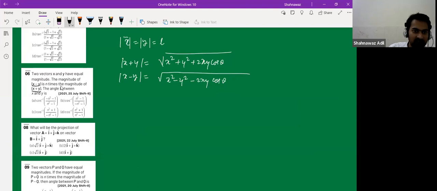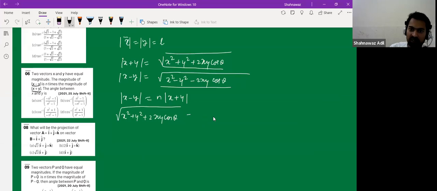Now in the question, what is given? That the magnitude of x minus y is n times the magnitude of x plus y. So this is given, right? Now we can use these relations. So this would be equal to how much?